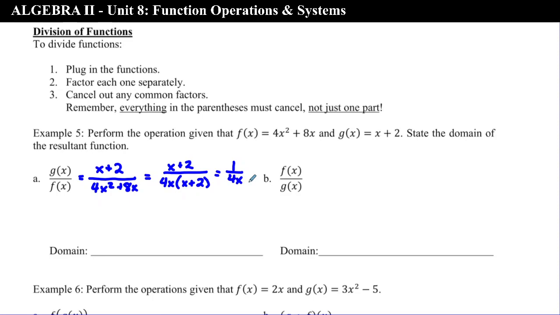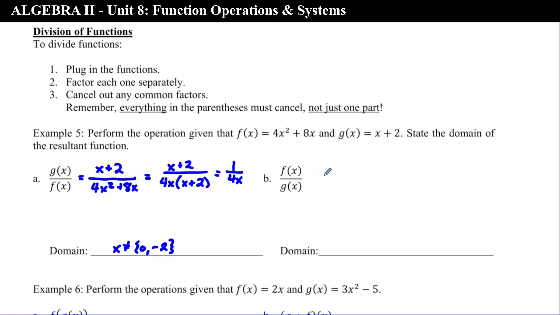So our domain is all x's except x cannot be 0 or negative 2. And again, you can write that in interval notation as negative infinity to negative 2, union negative 2 to 0, union 0 to infinity.